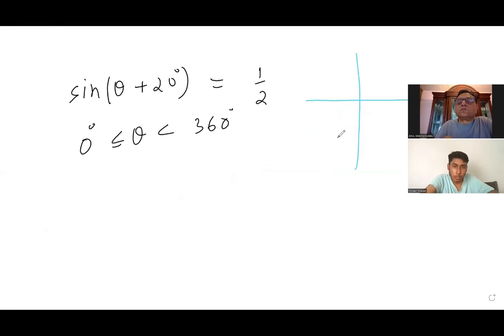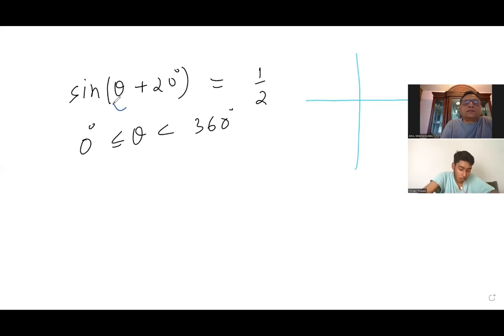So sine of theta plus 20 degrees is equal to half, right, sir? Yes. So wouldn't it just be, divided by sine, you would just get theta plus 20 degrees on its own equals 1/2 divided by sine? So what we will do in such cases, I'll tell you a technique.